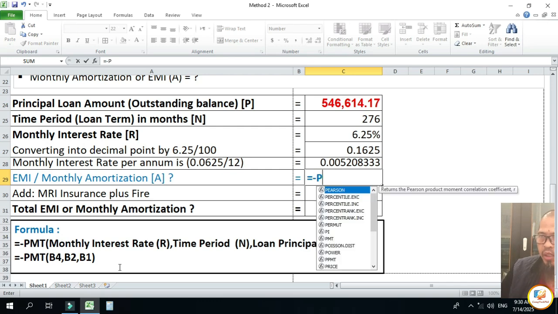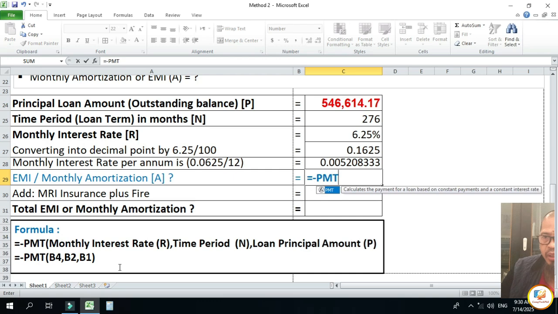PMT is given here. Then close the parenthesis. We look at our monthly interest rate here, just click it here.